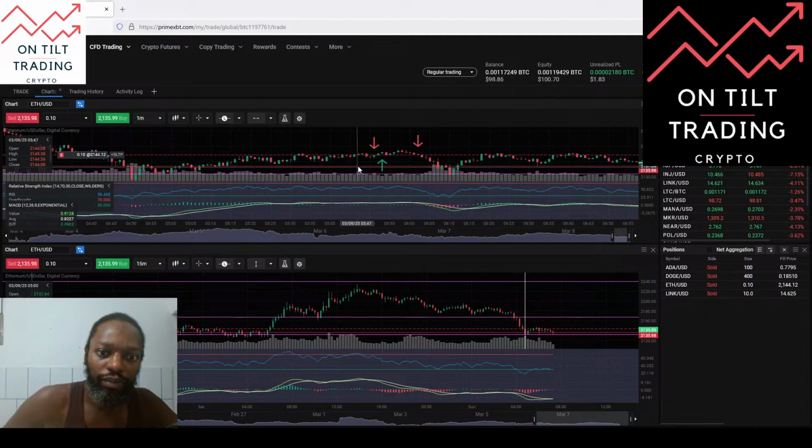So I'm watching the 1 minute, and this candle here, I set a stop 2 cents behind this candle, initially, for my entry.